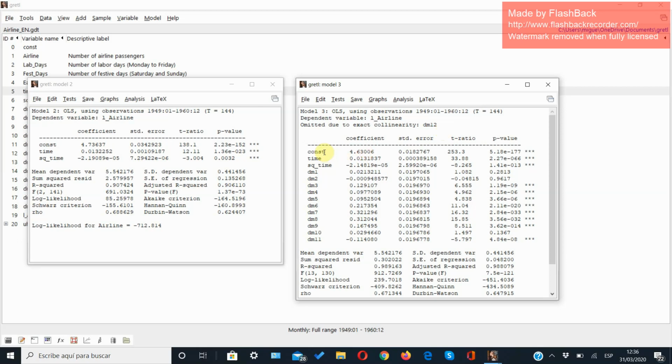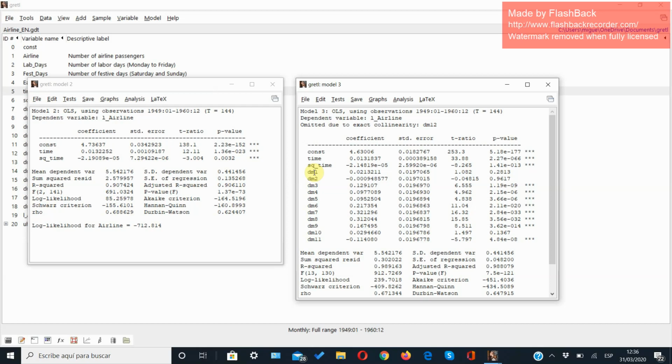Why? Because underlying the constant term, there is a variable which is a vector of ones. And if you add dm1, dm2 up to dm12, you will also get a vector of ones. And this is collinearity. One variable in the model is an exact linear combination of other 12 variables in this case.